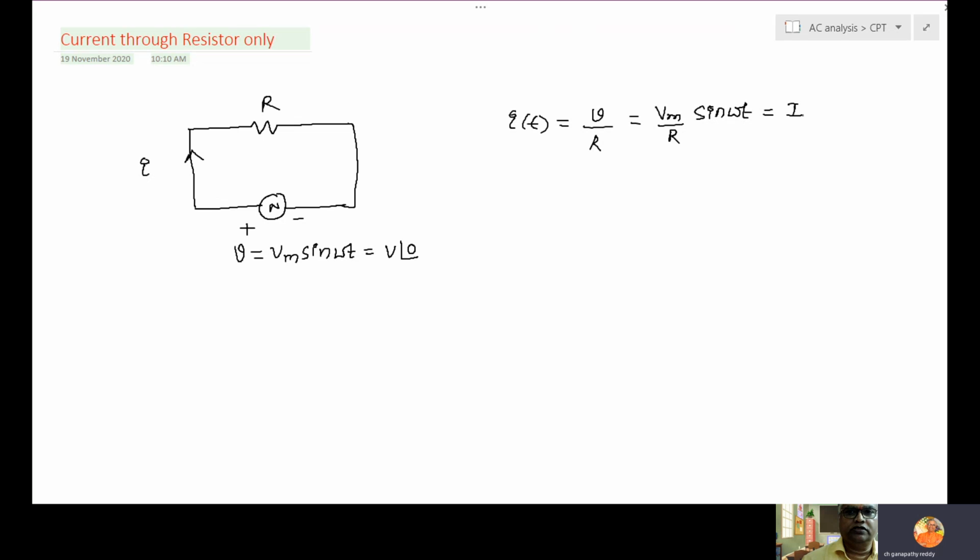So this is Im sin omega t. And the phasor form is I of angle 0. So the current is in phase with the voltage.